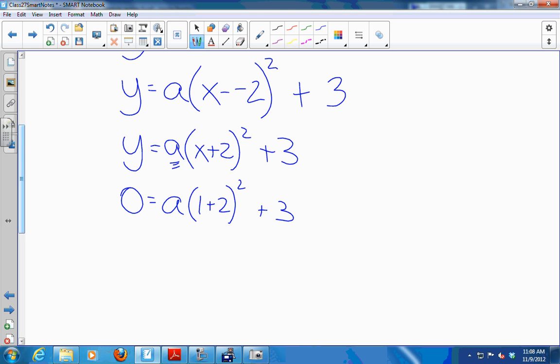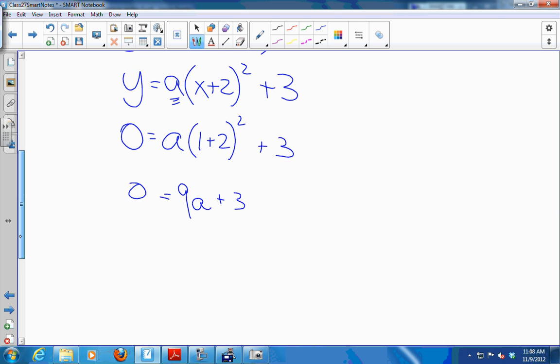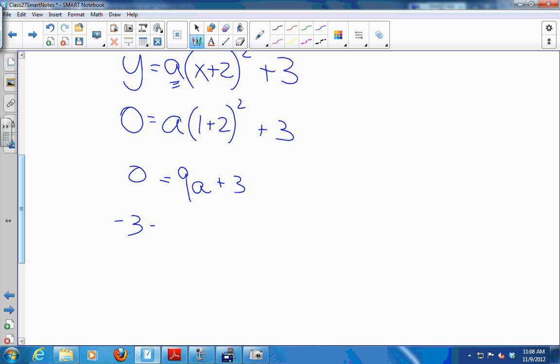So 1 plus 2, that's 3, squared is 9. So I have 9a plus 3 equals 0. Subtract 3 from both sides and divide both sides by 9, and I get a is -1/3.